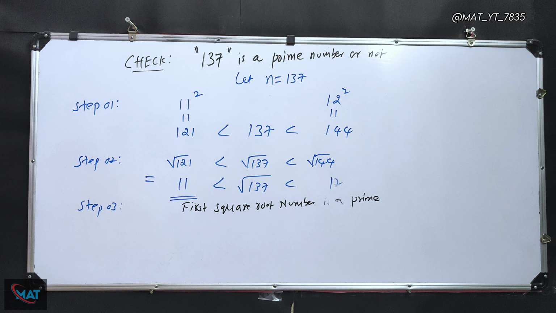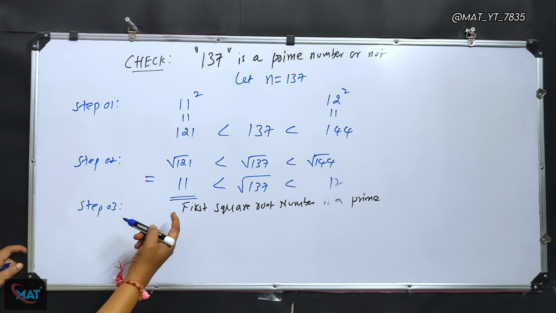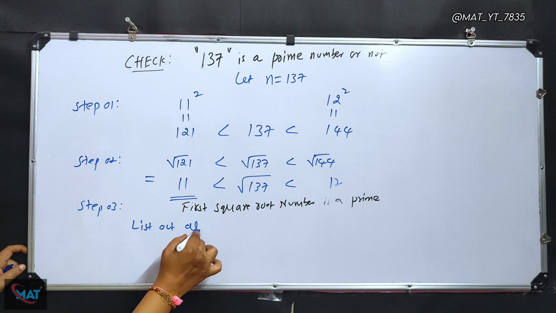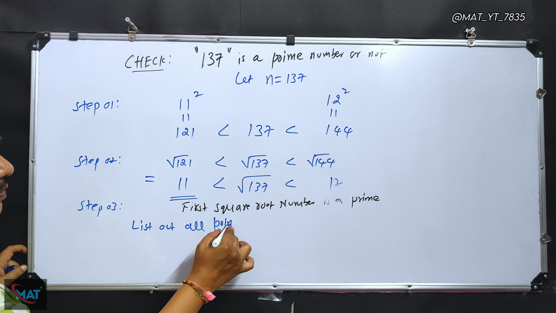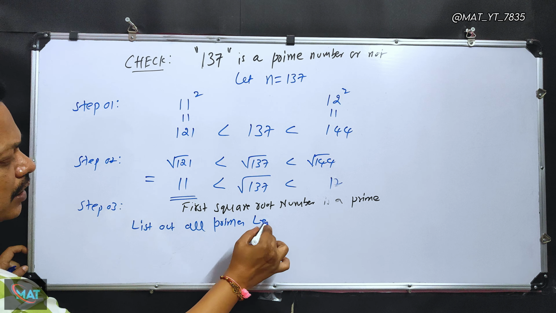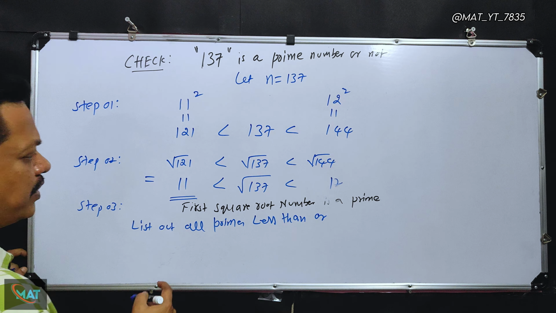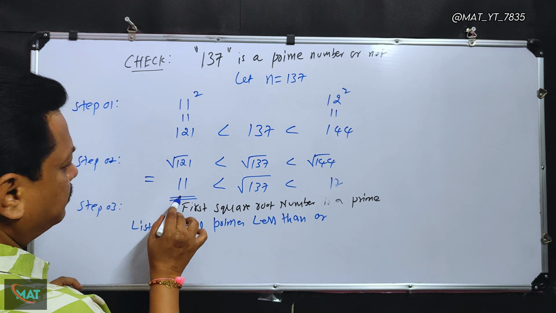When it is a prime, what do we have to do in step 3? We have to list out all prime numbers less than or equal to 11, because we got 11 as a prime here.